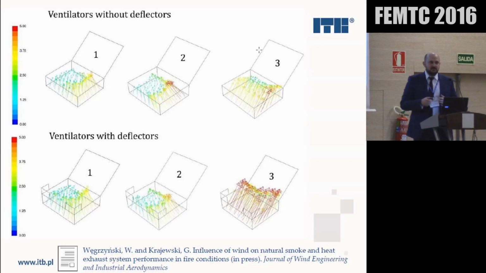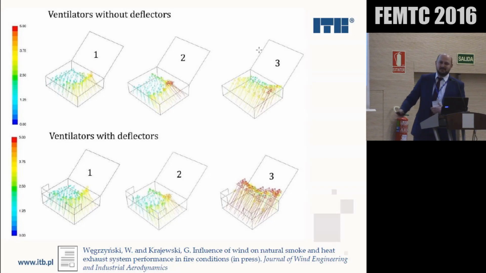In this study, we modeled a small building, let's say the size of this room, with some ventilators on the roof, and we applied various wind flows on the building. As you can see, of these 3 chosen ventilators out of 12, each acts differently. Each of them had drastically different performance. We had tests where some ventilators were sucking air into the room, and some of them were exhausting.